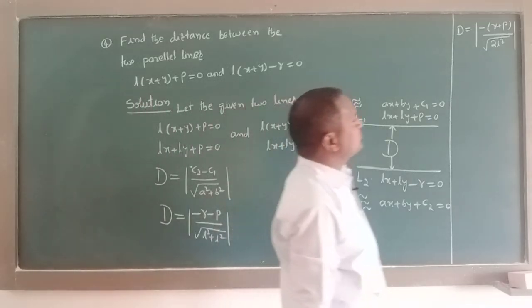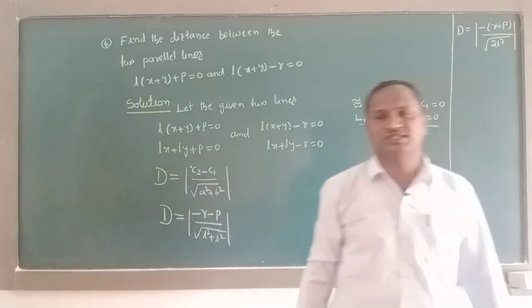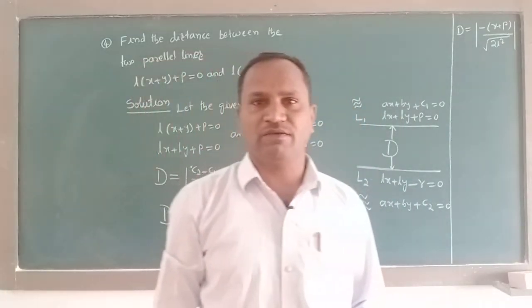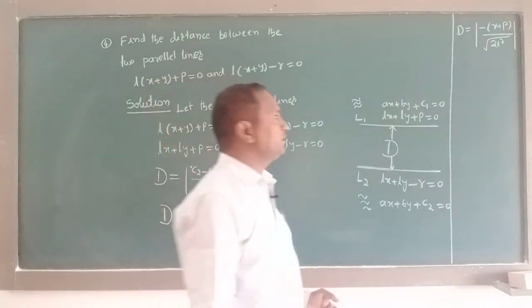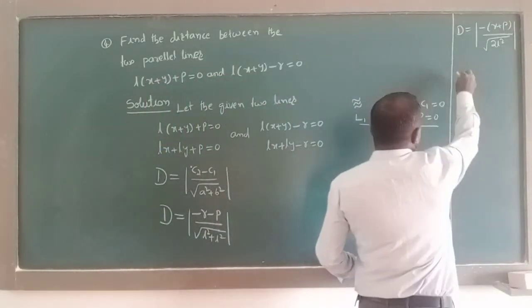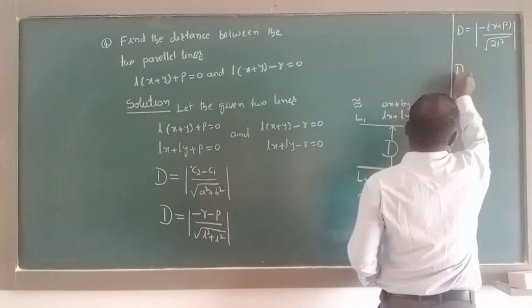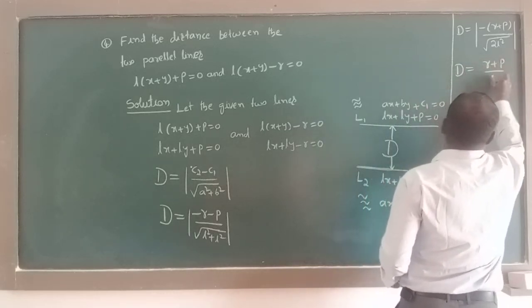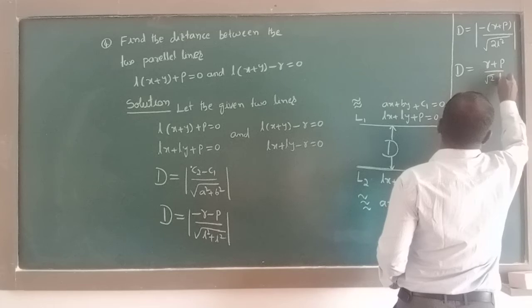It is under modulus, so we can take it as positive, because distance is always measured in positive value. Because of that only, here we have taken d is equal to r plus p whole dividing by root 2 l units.